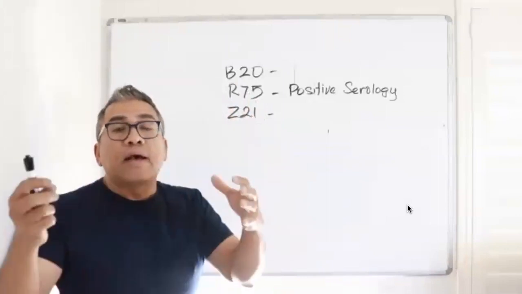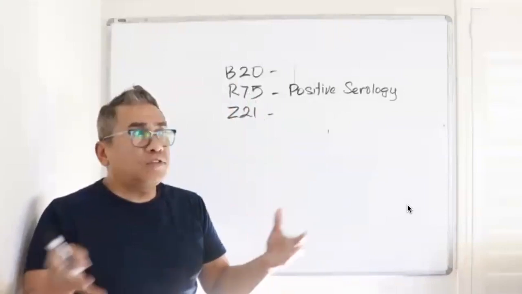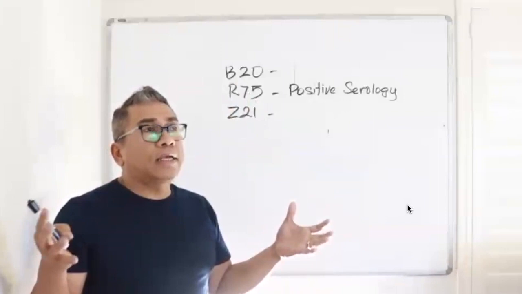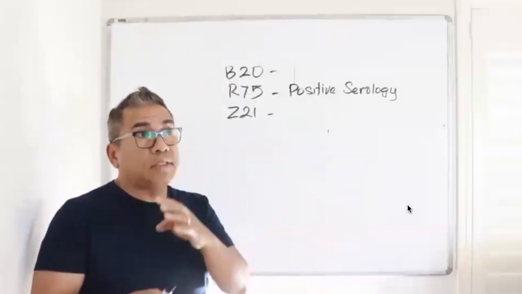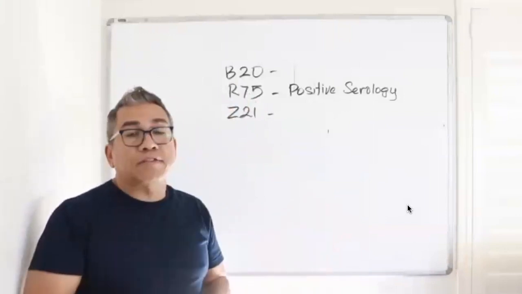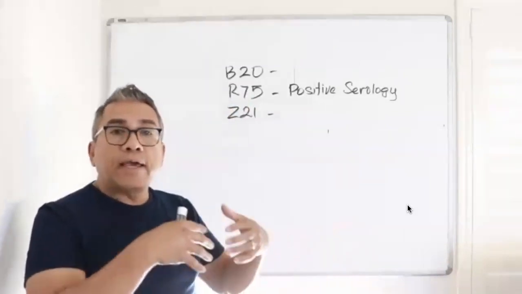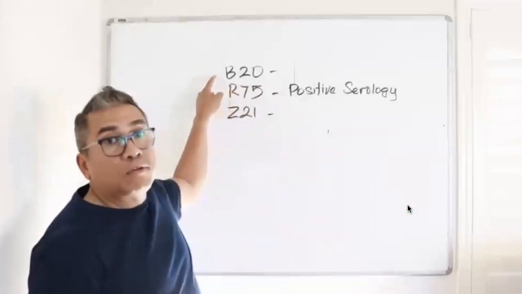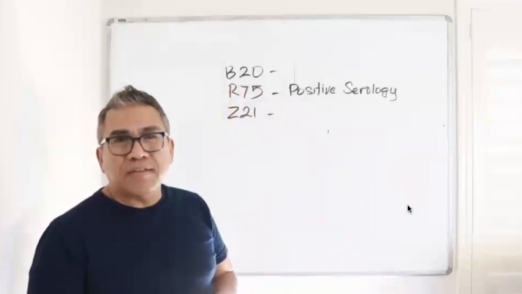That's what I mean by once AIDS, always AIDS. So far, I have not heard of any definitive treatment for AIDS yet. Nothing that can eradicate AIDS completely as of this time. So if a patient had experienced an HIV-related admission in the past, this B20 code follows the patient. That makes sense?